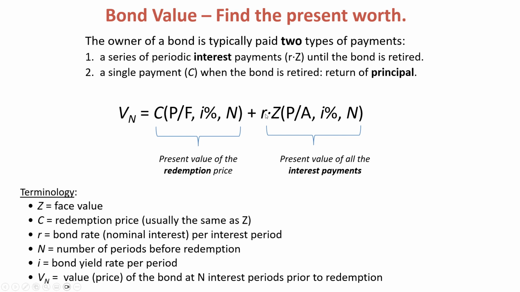So R times Z is how much interest you get each period. So Z is the face value of the bond, and if the bond's rate was 5% and the bond's value is $100, then that would be $5 in interest if it's paying it out annually. So you're finding out the present value of a series of payments with find P given A.